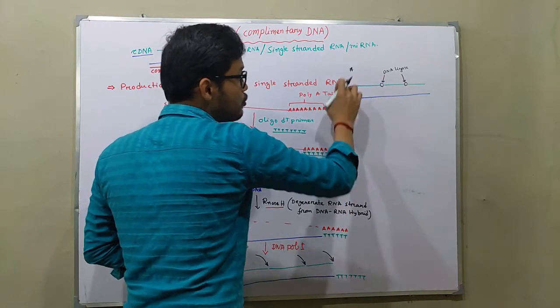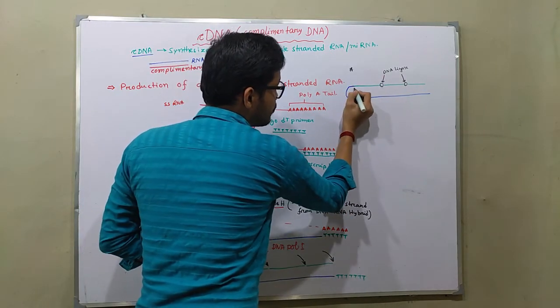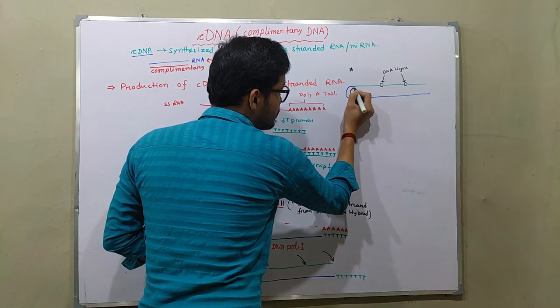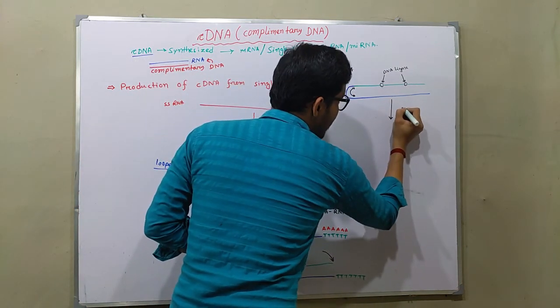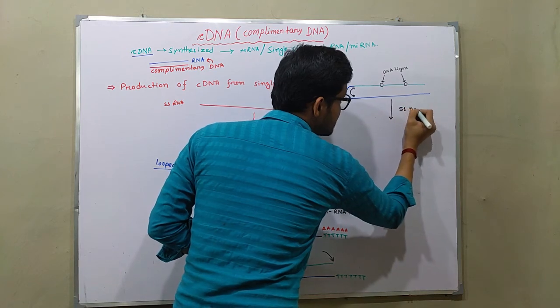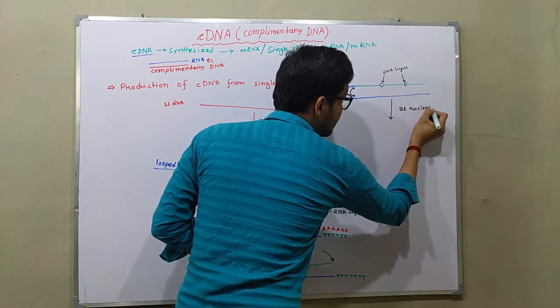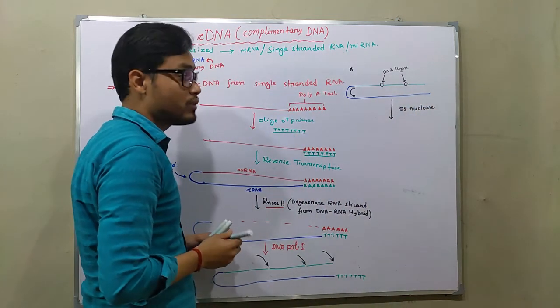But this is looped, right? This portion is looped, right? So we have to remove the loop, and in the next step we have to add S1 nuclease.